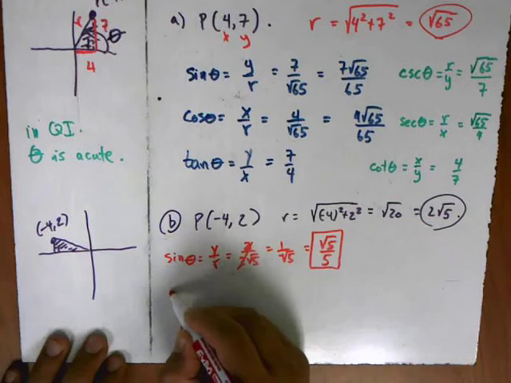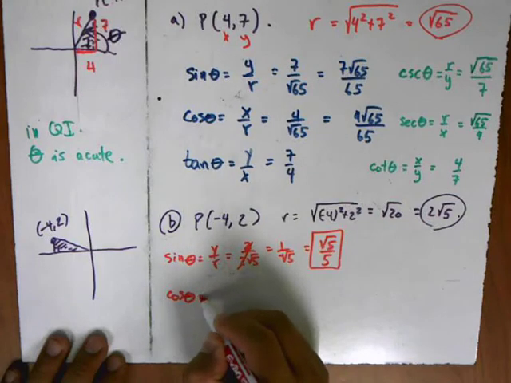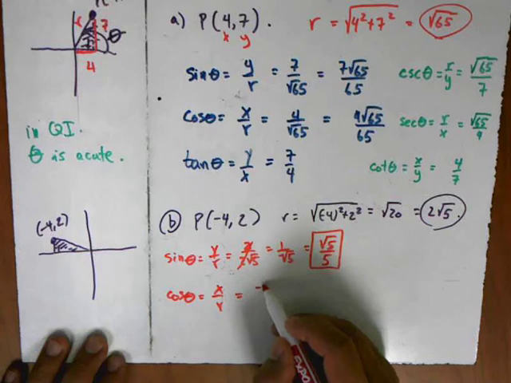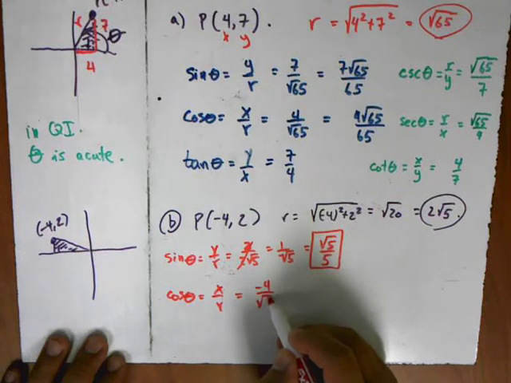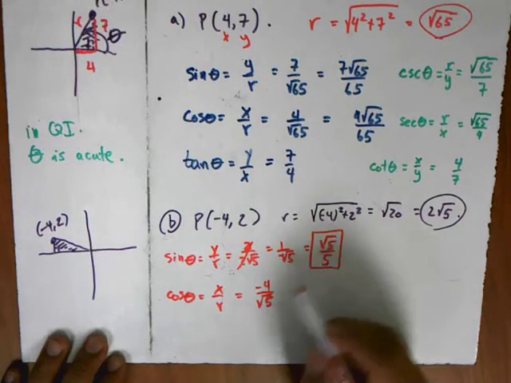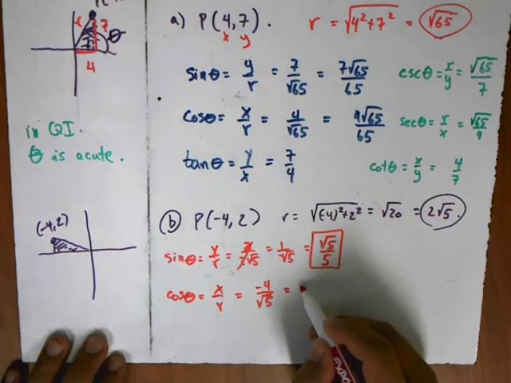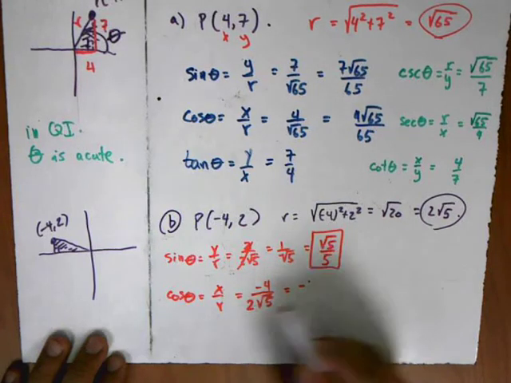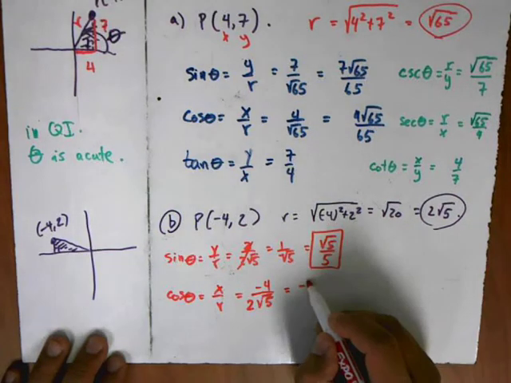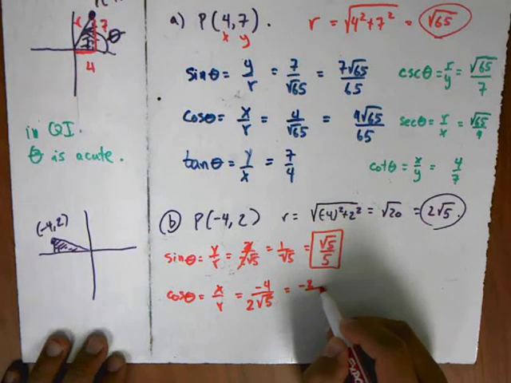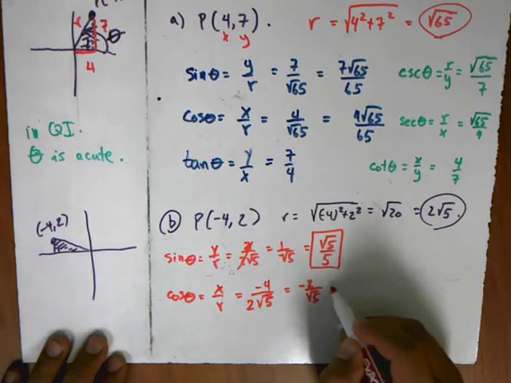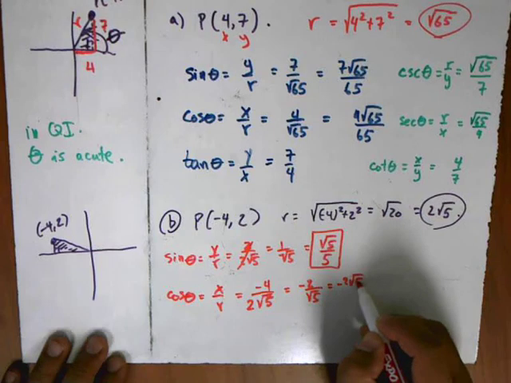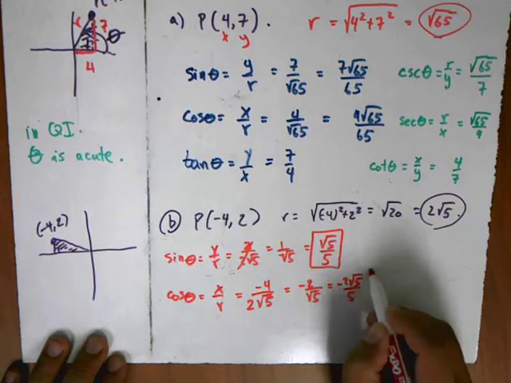That's sine. For cosine, you have x over r, and this is where things get a little bit interesting. You have negative 4 over 2 square root of 5. This gives me negative 2 over square root of 5, and that will be rationalized to negative 2 square root of 5 over 5.